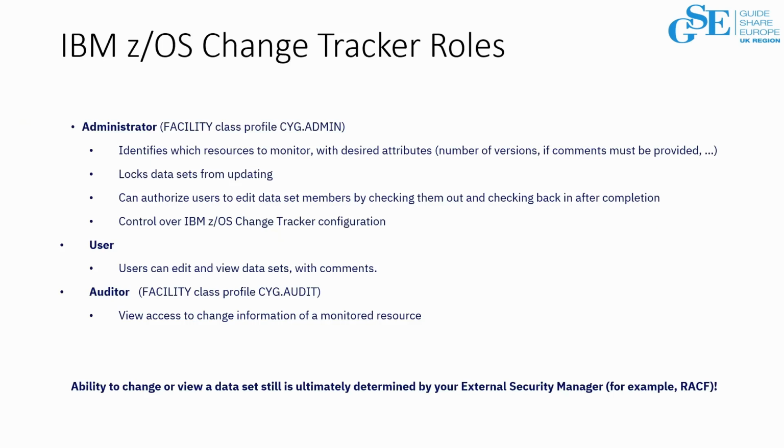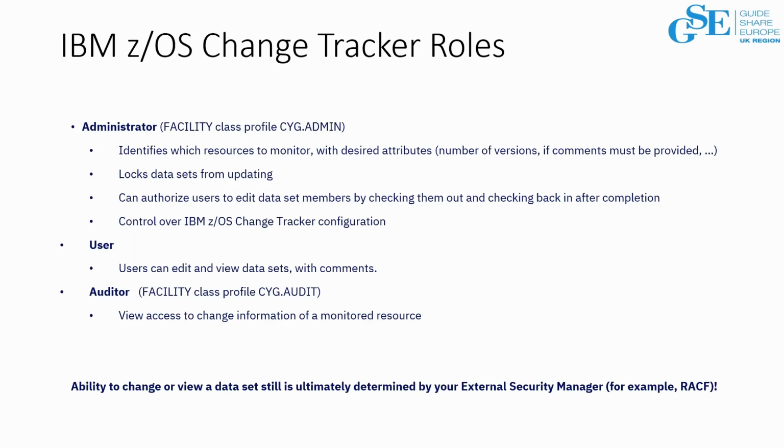The administrator is the person, or group of people, who assign what to monitor, authorize people to make changes within Change Tracker, and have control over the configuration. The auditor is the person allowed to look at a more global level at the changed information within Change Tracker.